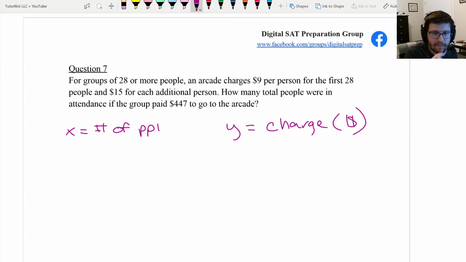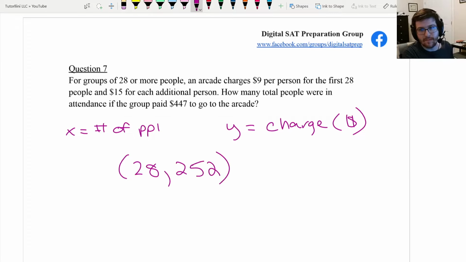And let's see here. They told us for 28 people, they get charged $9 per person. So that's 28 times 9. That's $252. So that's a point.